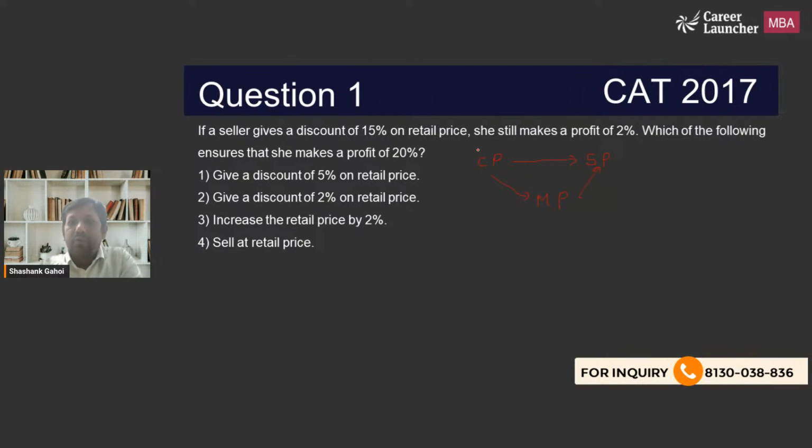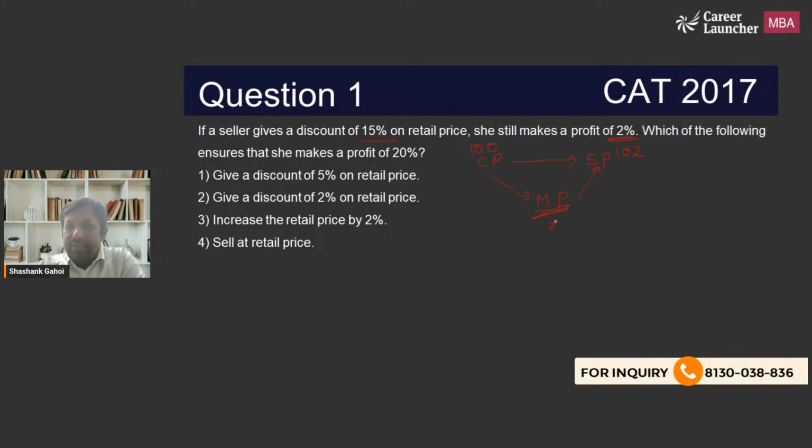Okay, so I am going to assume that cost price is 100. That person is making a profit of 2%. It means selling price should be 102. Now discount is 15% on the retail price. So what is retail price? Retail price is called mark price only.